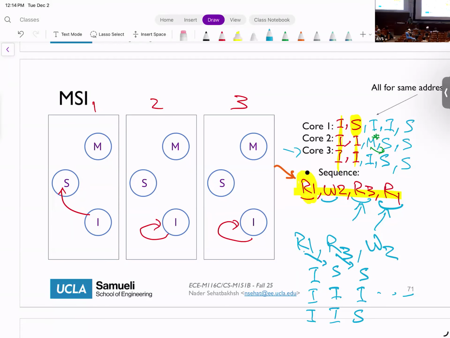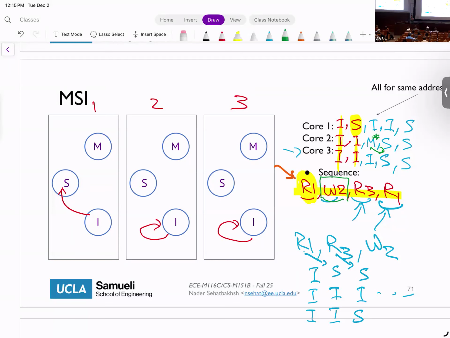Now the second thing that happens is that at some point later, not necessarily the next cycle, it could be hundreds or thousands of cycles, core number 2 will try to write to that address. So this is a store instruction. When it's trying to write, it will again broadcast it to the entire cache.